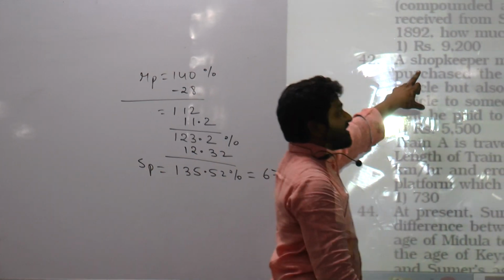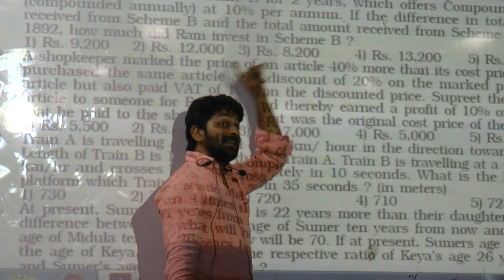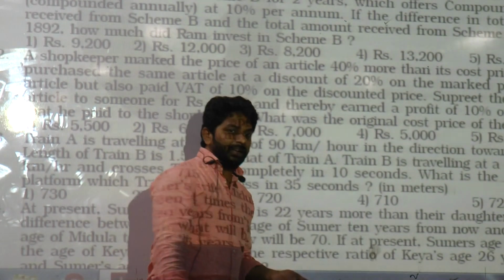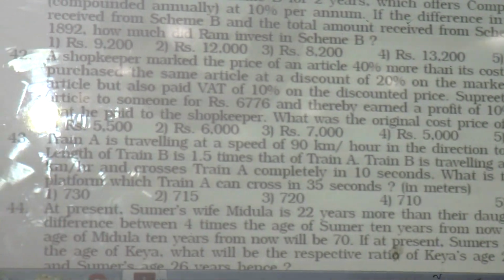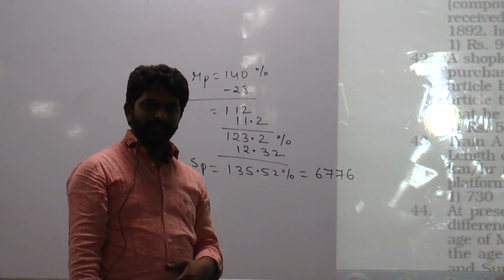The shopkeeper is going to sell the product at what percent? 140%. He purchased it for 100%, but now he is going to sell it for 140%. Now, if you are asked to calculate the original price of the product, will you calculate 100% or 140%? 140%.